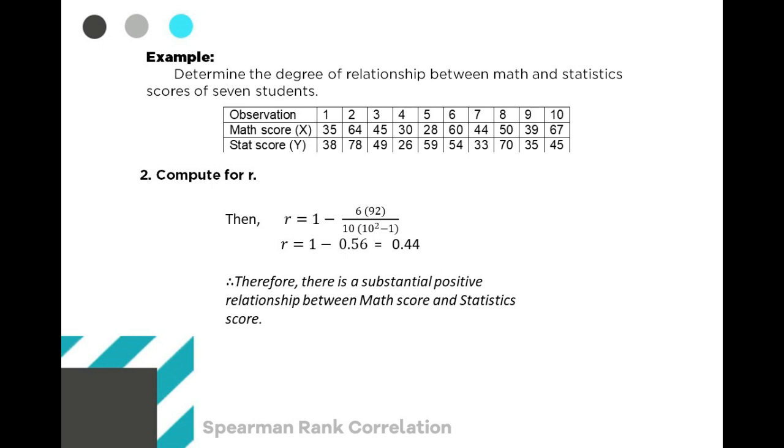Then we get 1 minus 0.56, which is equal to 0.44. So 0.44, in our interpretation, we say that it has substantial relationship. Therefore, we say that there is a substantial relationship between math and statistics score.